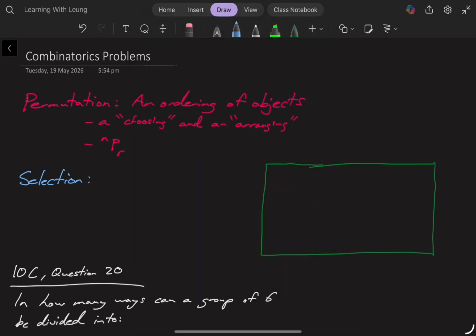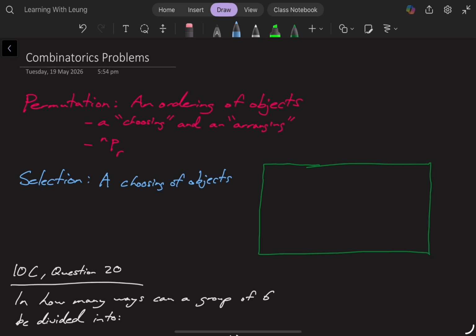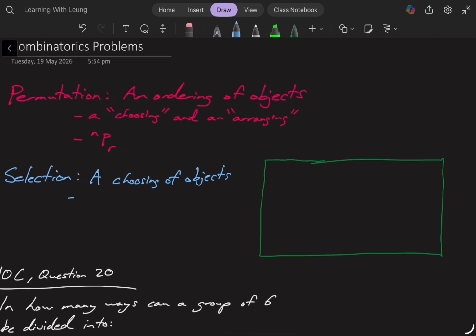Selection is slightly different, but fundamentally linked. That is, selection is just a choosing of objects. It's basically permutation, but we don't care about how they're arranged. So we only care about the choices, not how they're arranged, right?